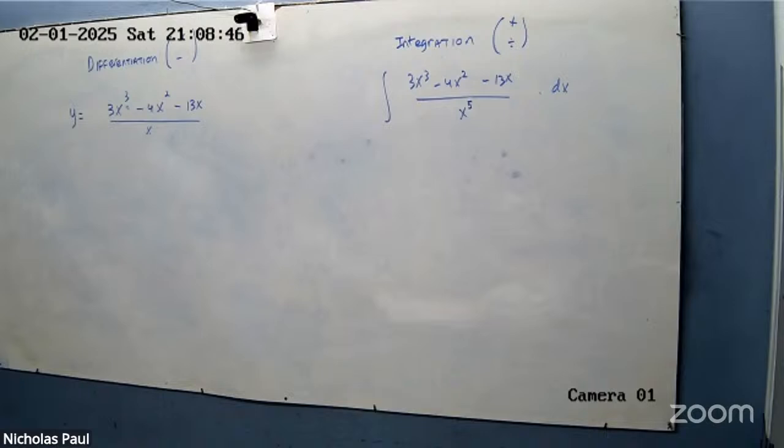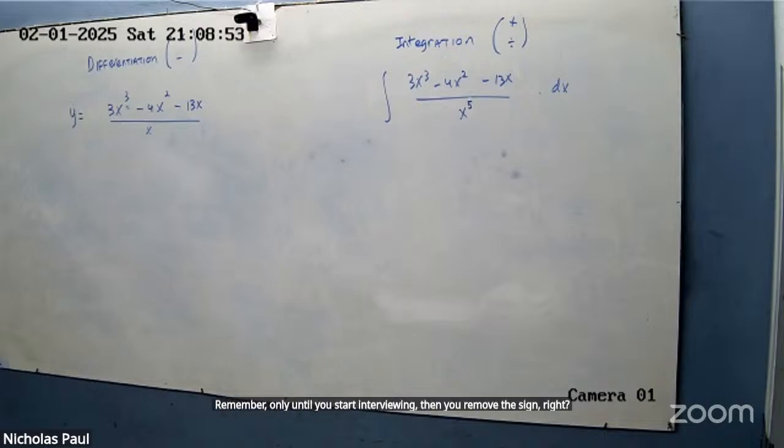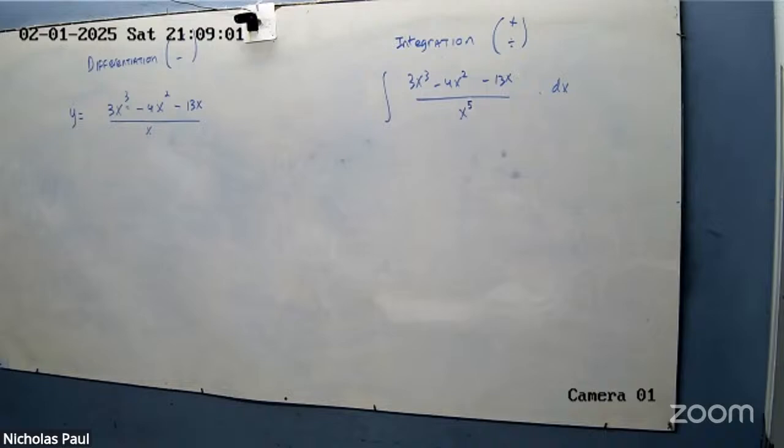Remember, only when you start to integrate do you remove the sign, right? So keep the integral sign in front of it, inside the integrate. Right, that's the integral sign, and then you start to integrate.